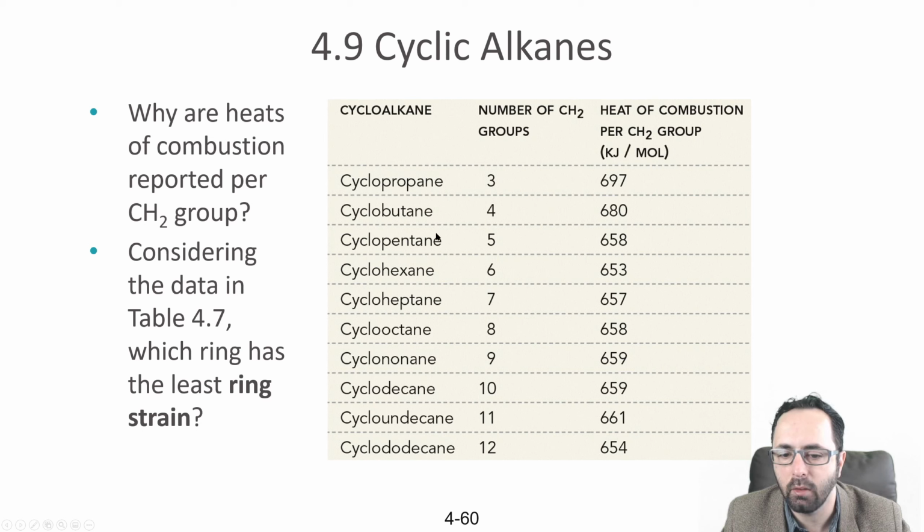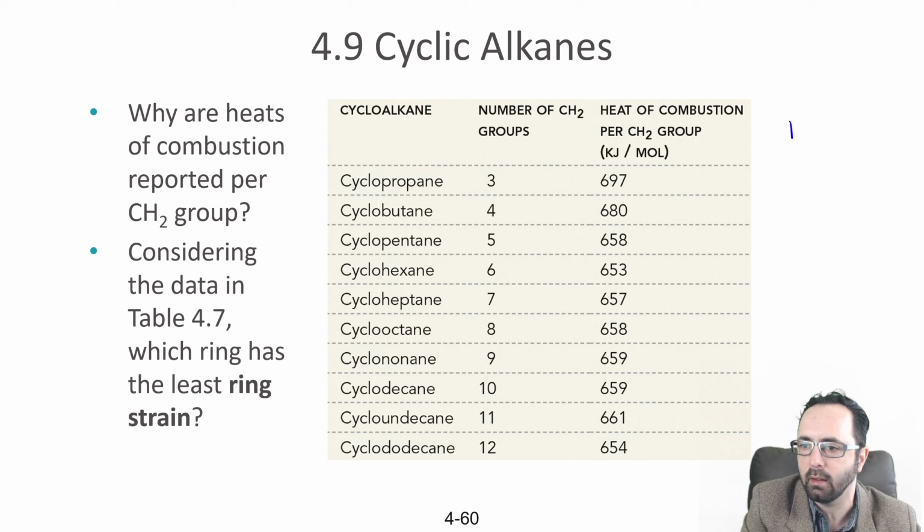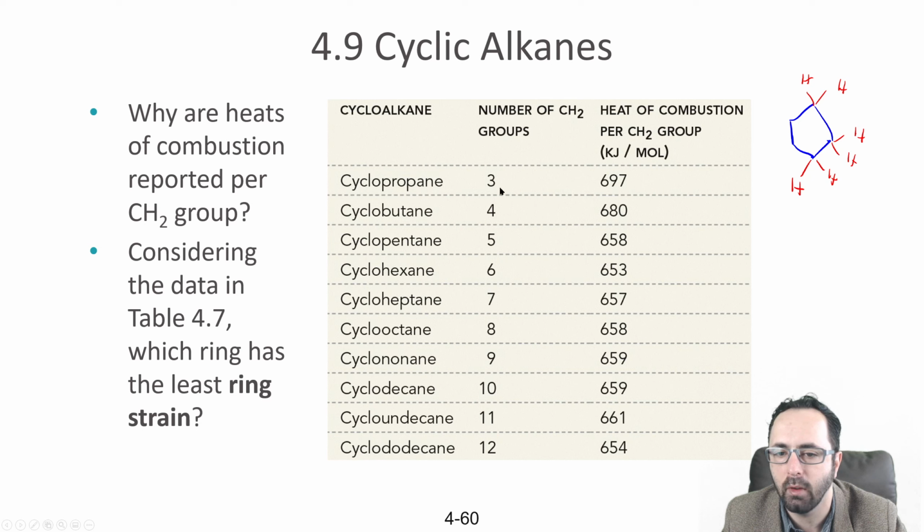These are cyclic, so they all have 2 hydrogens per carbon, because if you bond around in any cyclic arrangement with only hydrogens and carbon, you'll have 2 hydrogens on every carbon. So we take the energy from burning cyclopropane and divide it by 3 to get the energy per CH2.